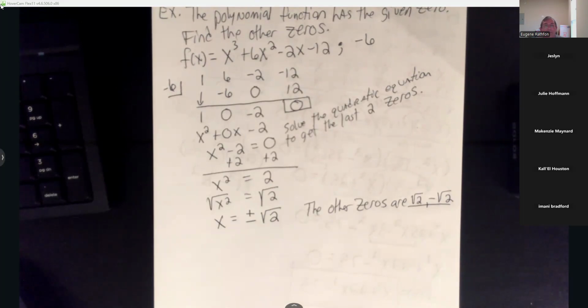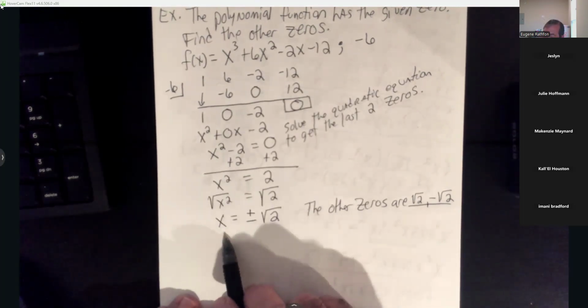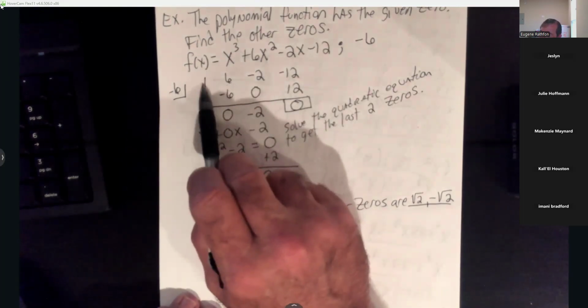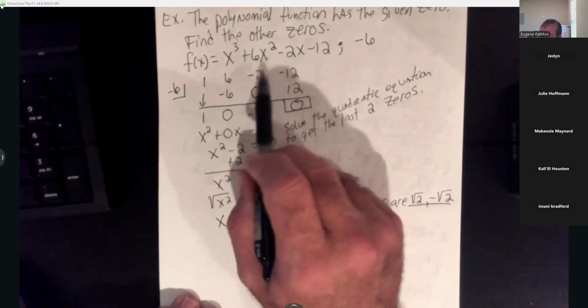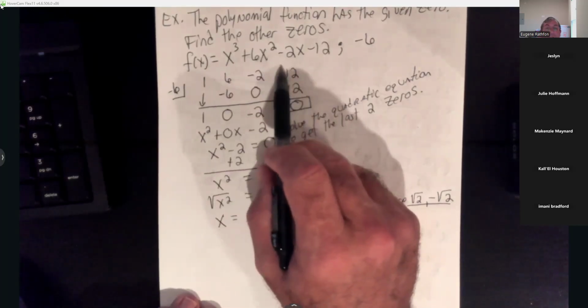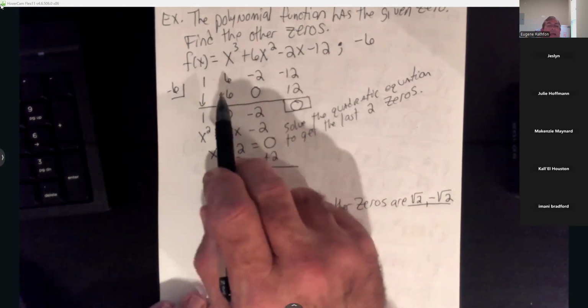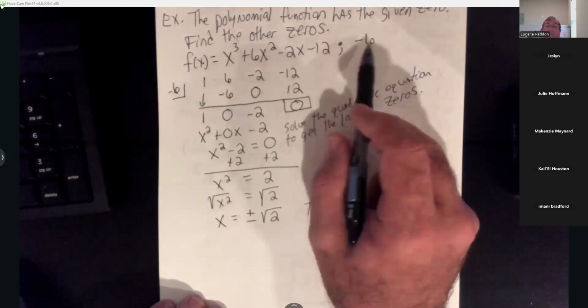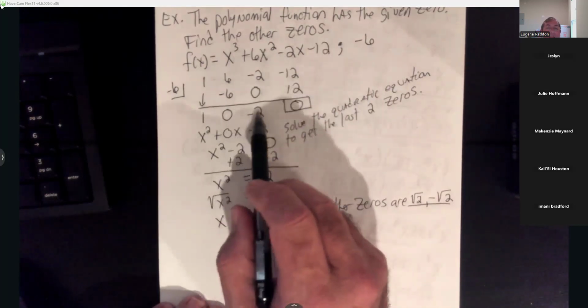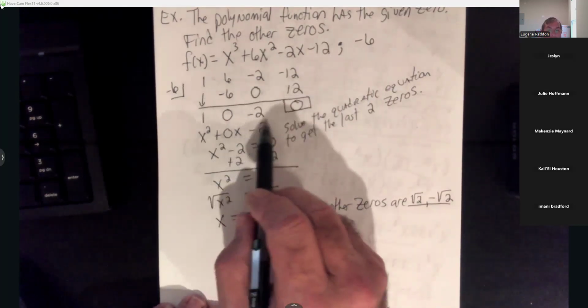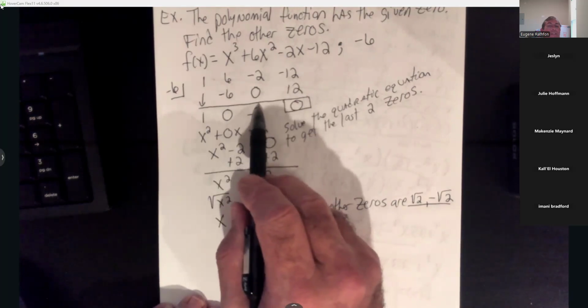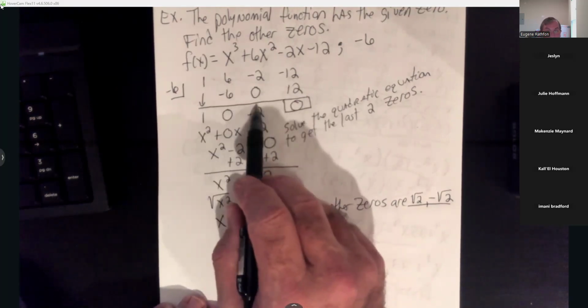Oh, y'all, so that's why we learned synthetic division. Okay, so Mackenzie, it's like this. Remember, this was the x cubes, the x squareds, the x's, and the numbers here. Those were these coefficients. So what happens after you divide out one of the factors like that -6, these three numbers are the coefficients of the new polynomial.